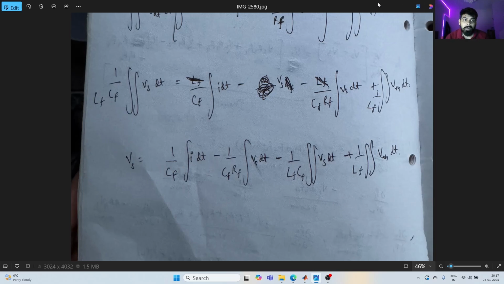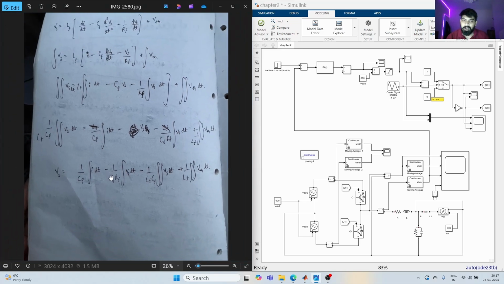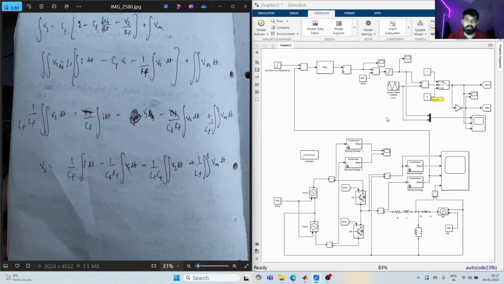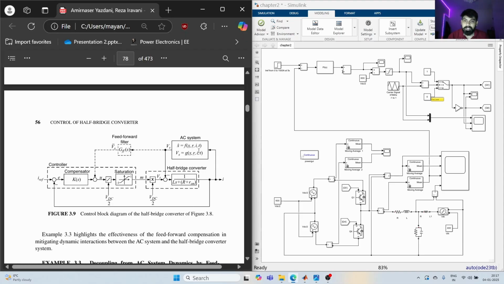Now I'll try to give this information and add it to the output of our compensator. We have to design this system. This is our AC system. This is what I'm talking about.